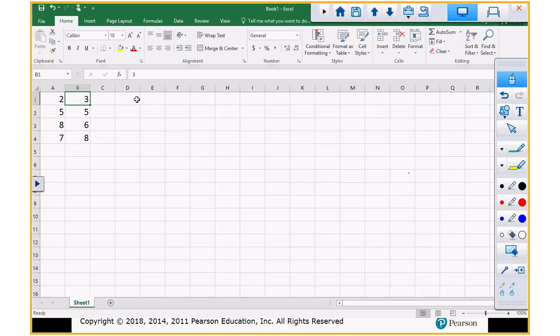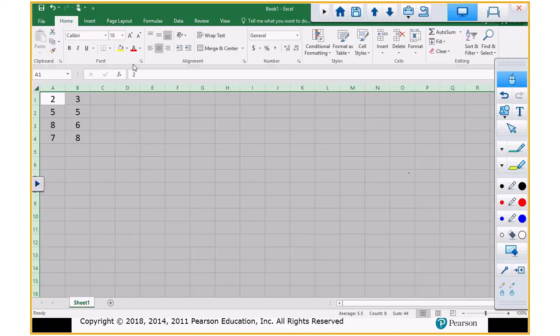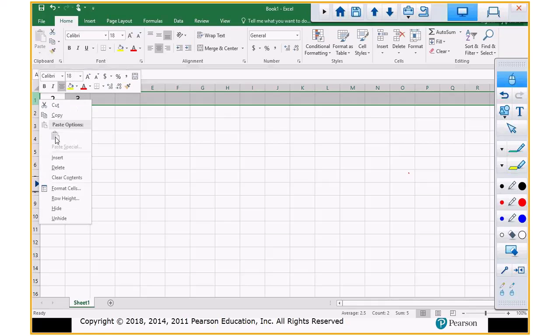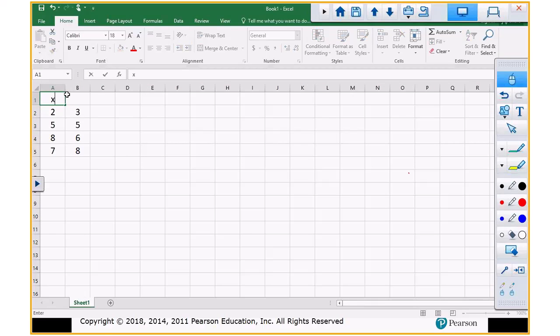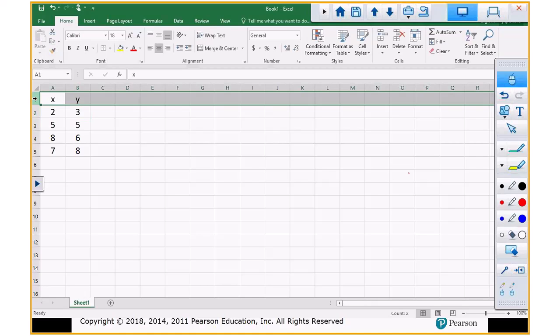So let me go up here, and we're going to insert. First of all, I've got to put everything in the middle. That drives me crazy. And then we're going to insert, and this is your X, and this is your Y. And that's going to be bold and underline.